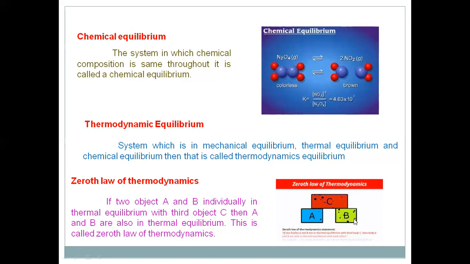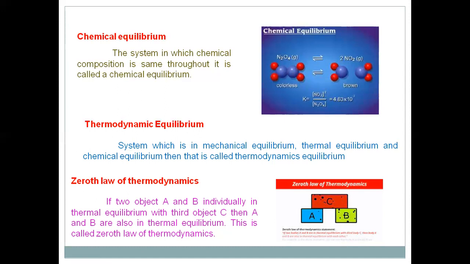If objects A and B are in thermal equilibrium with the third object C, then A and B are also in thermal equilibrium. This is called the zeroth law of thermodynamics. The importance of the zeroth law is that it defines temperature. What is temperature?